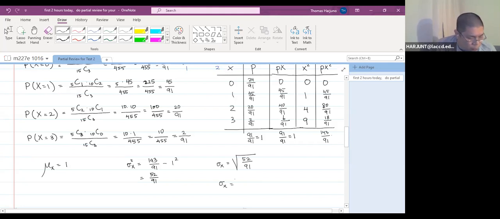Okay, 52 over 91 gives me this decimal, 0.57143, and then the square root of that gives me 0.75593. That's the standard deviation. This is the mean. Happens to be a very nice number for the mean. That's for number 4. I go on to number 5.